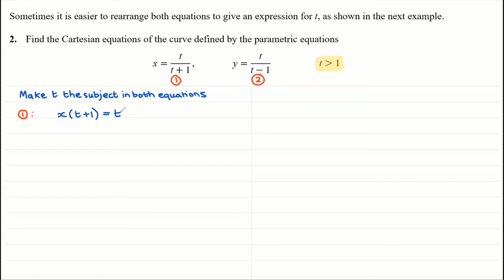Okay, now I need to expand everything. Remember, my target is to make t the subject, so I've got to get all the t stuff on one side. So we're going to have xt plus x is equal to t. So I've got xt and t on different sides. I'm going to subtract t from both sides now.